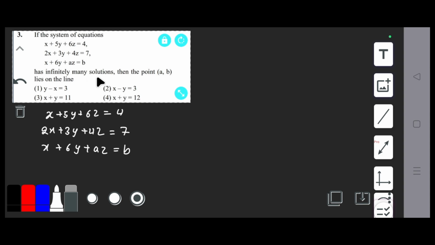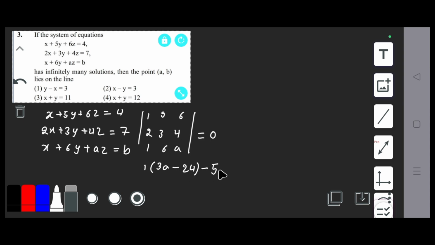Infinitely many solutions means the determinant values are 0. So we check the determinant with rows 1, 5, 6; 2, 3, 4; 1, 6, a. This is called delta, and it must be 0. So 1 into (3a minus 24), minus 5 into (2a minus 4), plus 6 into (12 minus 3).